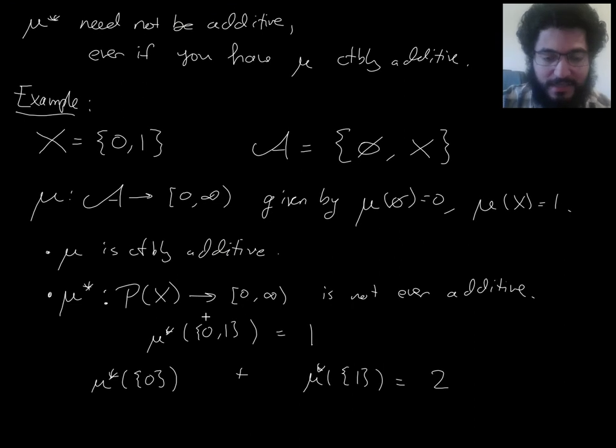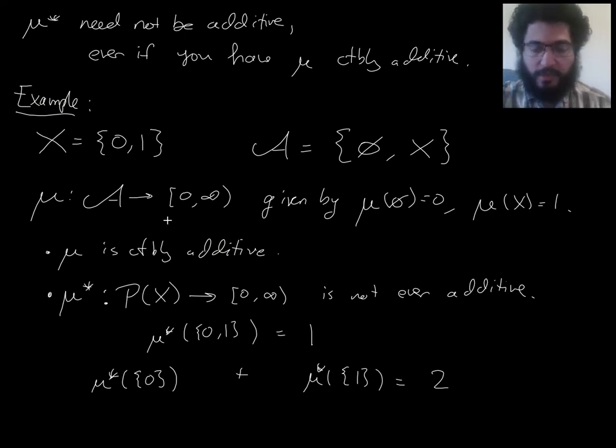So you see that it's not finitely additive. These are two disjoint sets, these two singletons. Their union is this, but the mu star of the disjoint union is strictly less than the sum of the mu stars.